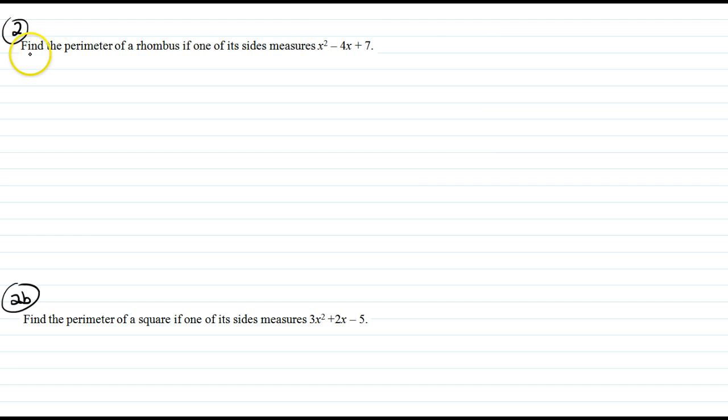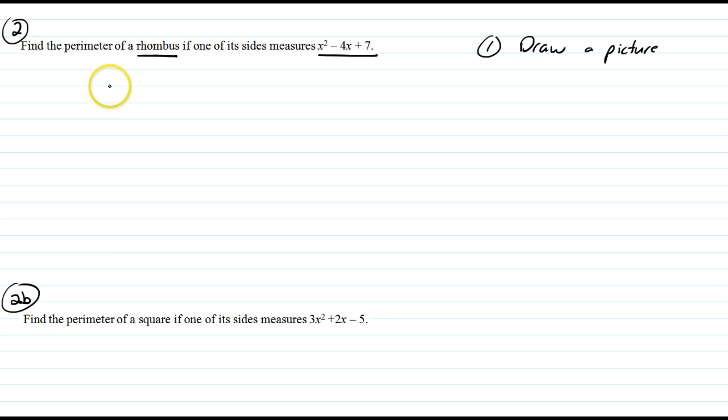All right, for number 2, we're going to find the perimeter of a rhombus if one of its sides measures x squared minus 4x plus 7. So again, we're going to start by drawing a picture. So you need to know what a rhombus is. If you don't know what it is, Google it.